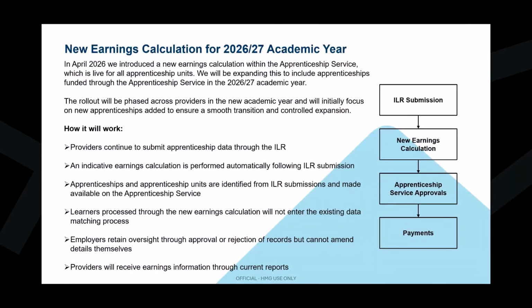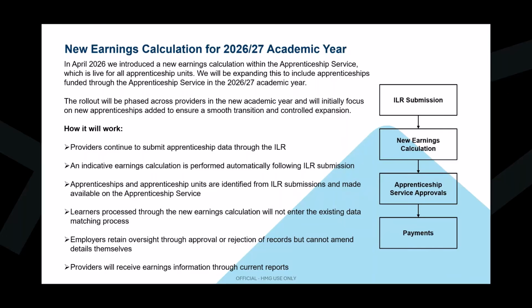So in April 2026, we introduced a new earnings calculation within the Apprenticeship Service, which is live for all apprenticeship units. And we will be expanding this to include apprenticeships funded through the Apprenticeship Service in the 2026-27 academic year.